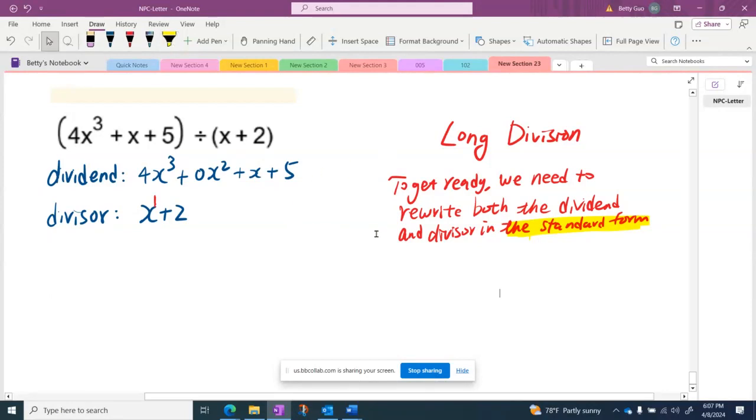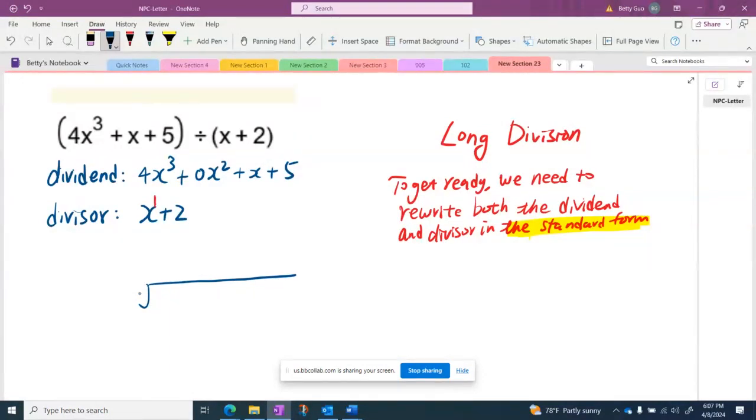Be ready. I'm going to take about 15 minutes to cover this one question. I'll try to explain how long division works as clearly as possible. Okay, now we are ready. I'm going to draw this division symbol like a roof, and then put the standard form of the dividend under the roof.